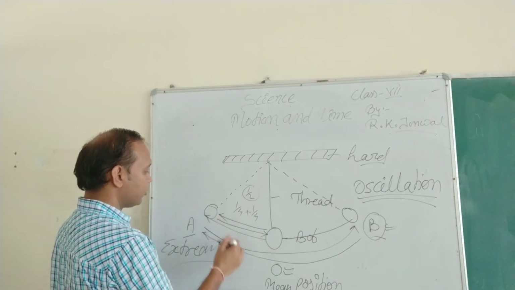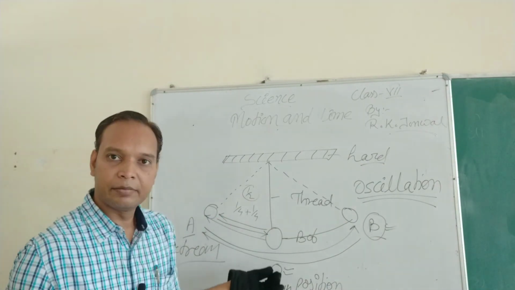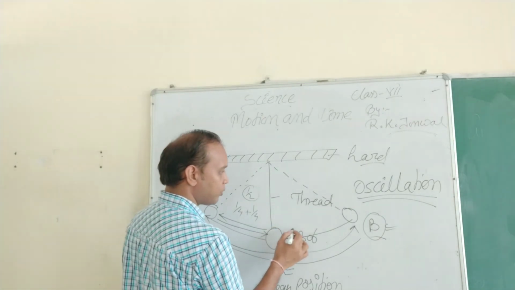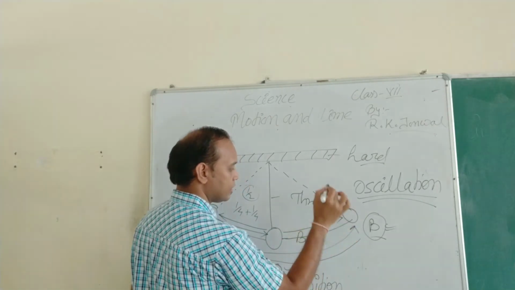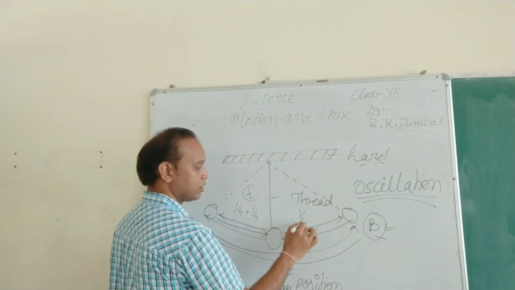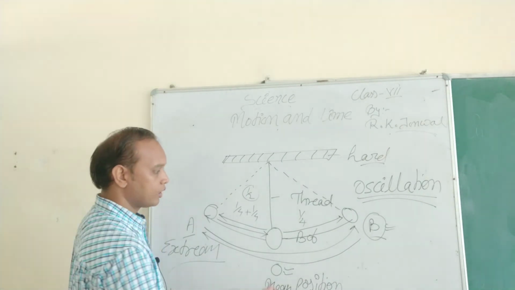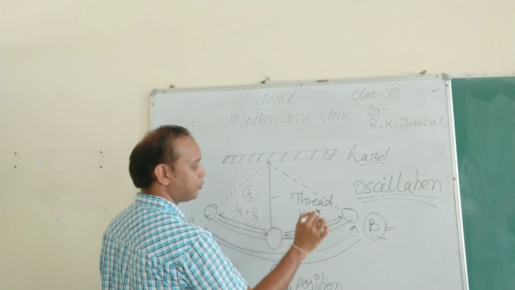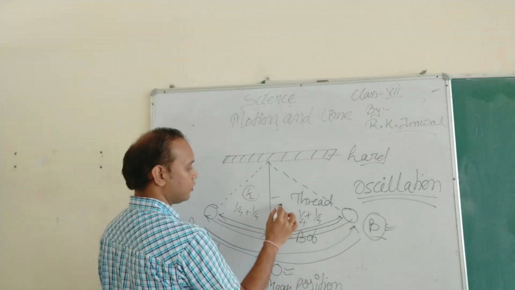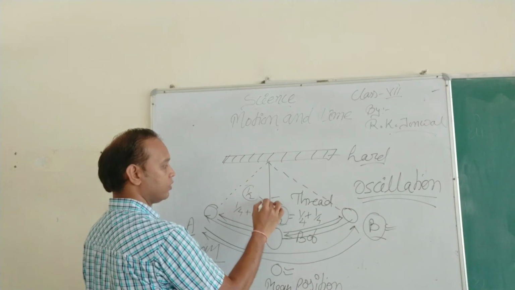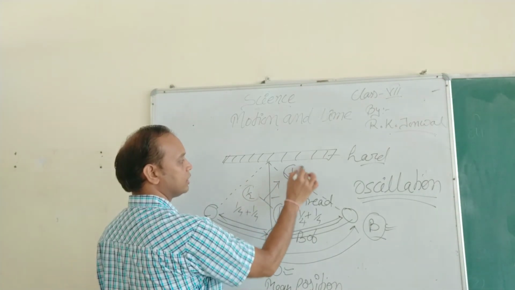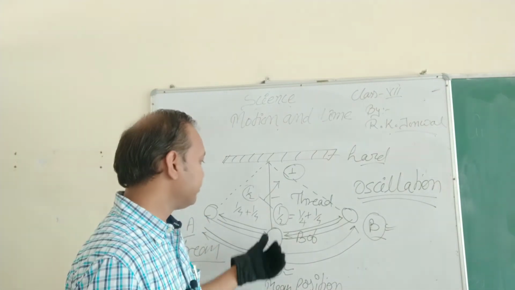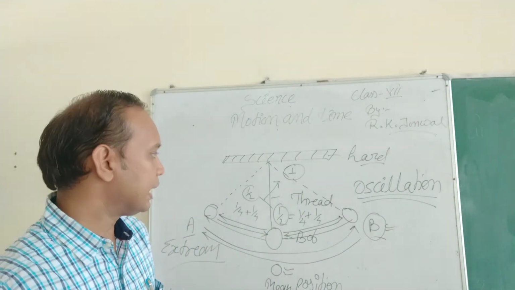Then it does not stay here, it moves toward the point B, that is again 1/4. Then again it comes back from B to its mean position, that is again 1/4. So total that is half. So this half and this half form one oscillation. Okay, so you can also calculate the oscillation from its mean position. Okay students, so that is the oscillation.